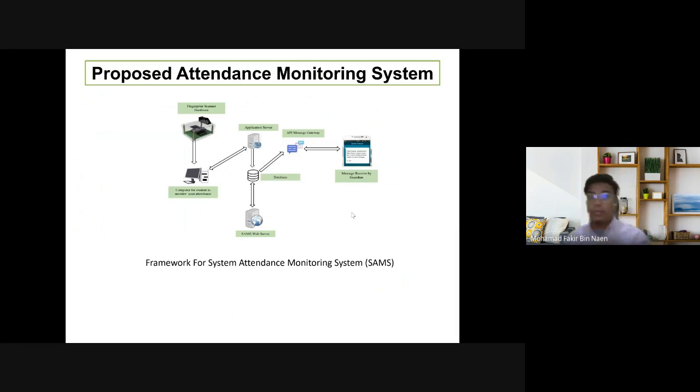For the proposed attendance monitoring system, the framework for the system attendance monitoring system or SAM was proposed. In practice, the fingerprint reader is in each classroom and is connected using the network communication protocol to the classroom computer.